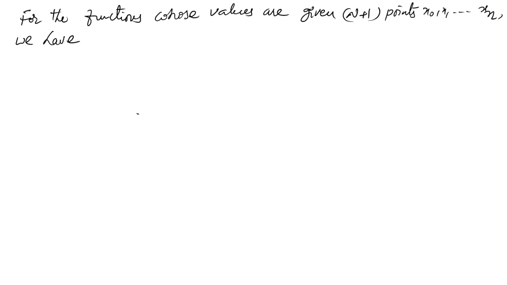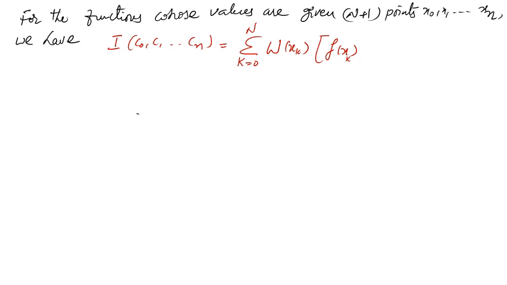We have one expression I, which depends on c0, c1 and so on cn, equal to summation k equal to 0 to n, the weight function w of xk multiplied by the original function f at the point xk minus, previously I have written, summation ci into phi i of xk, i equal to 0 to n, this whole square, w into e square.